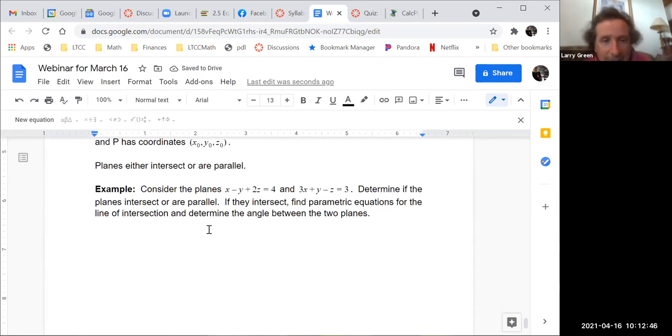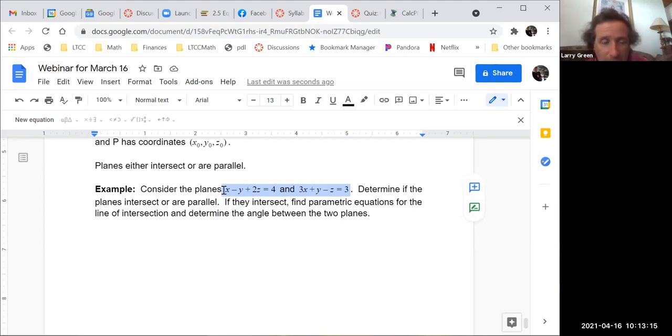How do I look at these two planes and immediately know they're not parallel? Any thoughts? Yeah, the coefficients of the normal vectors are not constant multiples of each other. Because if they're parallel, the normal vectors should be parallel.